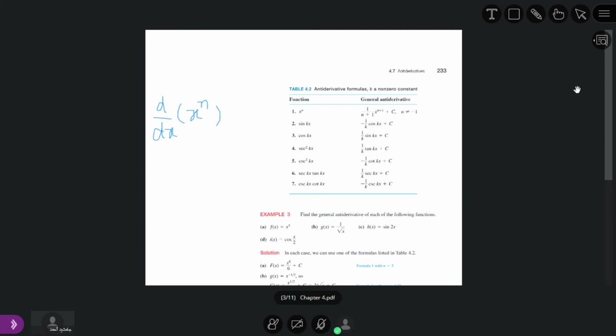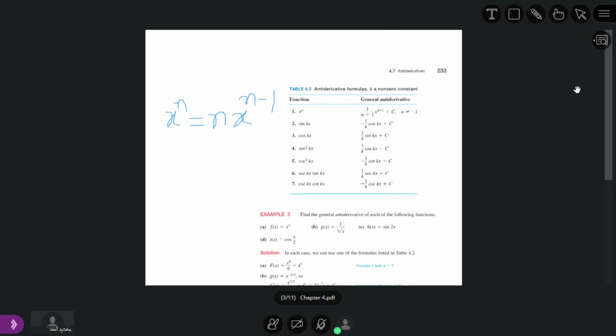Now for the antiderivative, in the derivative we take the power and put it in front, and then decrease 1 in the power. So for the antiderivative we take the opposite.